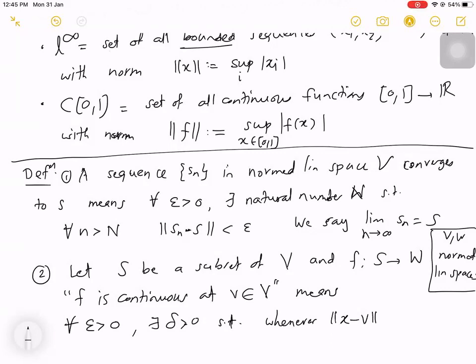The way to think of this is that epsilon is the challenge and delta is the answer, correct? You say, you have to ensure for me that you stay within distance epsilon from the target. What is the target? The target is f of V. And you say, okay, I'm answering you that as soon as you take your x within distance delta from V, remember V is the point at which I am checking continuity.